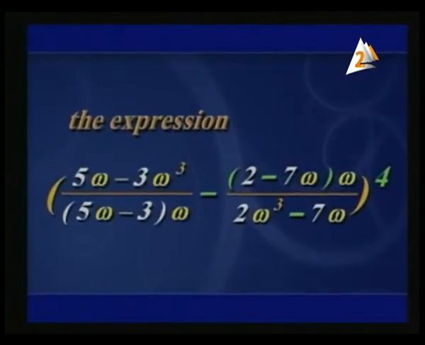The expression equals (5ω − 3ω³)/(5ω − 3) times ω, minus (2 − 7ω) times ω over (7ω³ − 7ω), all to the power 4.